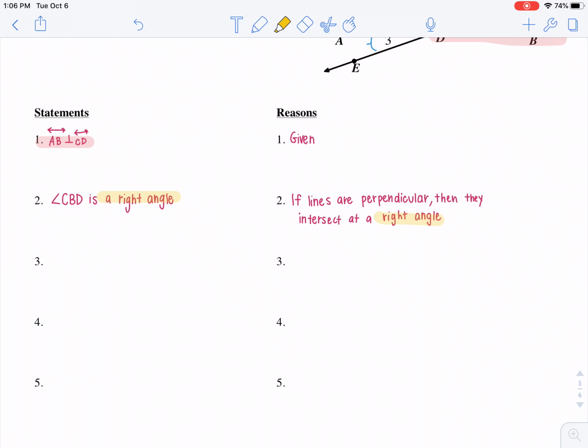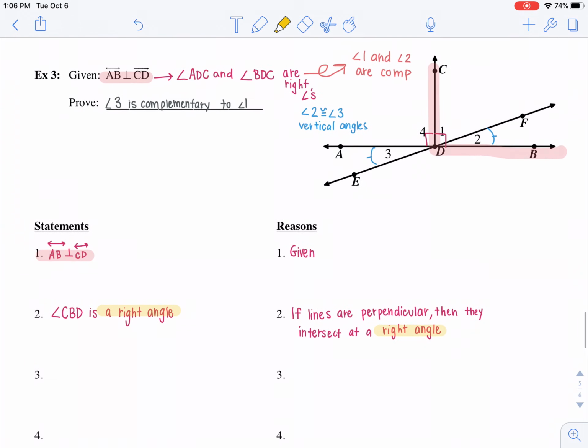We also said, okay, if we look back up at our game plan before, we know that angle BDC is a right angle, and that angles 1 and 2 make up that angle. And we stated up here that they were complementary. So let's go ahead and write that.